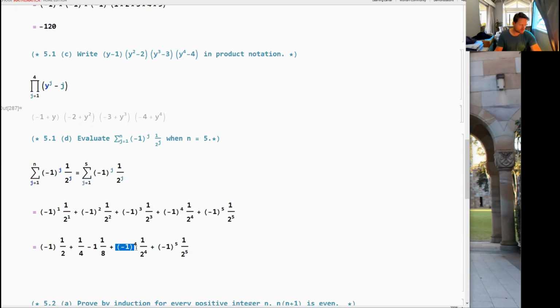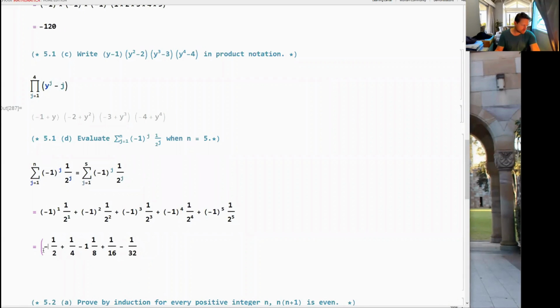Okay, (-1) to the power of 4 is 1, so we can remove that, and now we have 1 over 16 there. And then we subtract, because that's (-1) to the power of 5, which is -1, so we subtract 1 over 2 to the 5th, so that's 1 over 32.